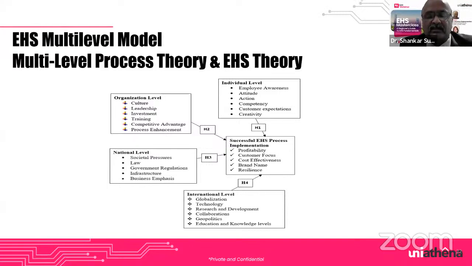So at the national level, societal pressures are there, because no one wants a misrep. Everyone says that you have to take care, and they expect the organization to take care of themselves, their employees, and also the visitors, and also the area around them. So the law demands that these regulations are kept. Government regulations and policies in EHS are a must.